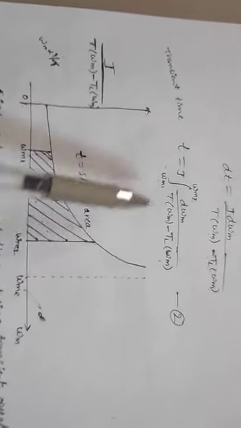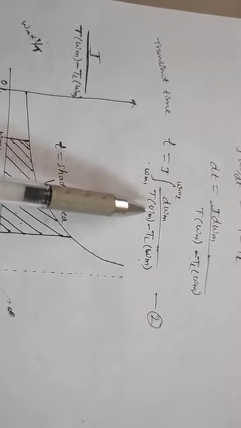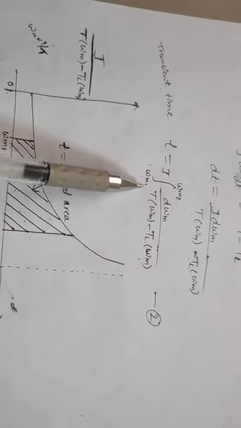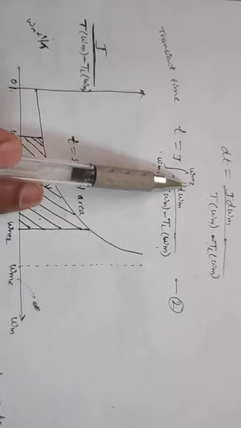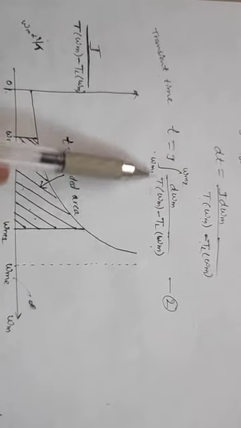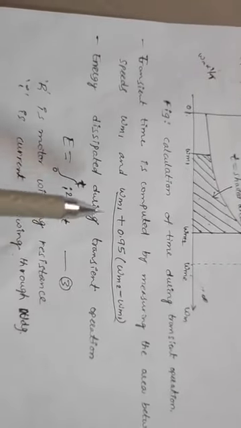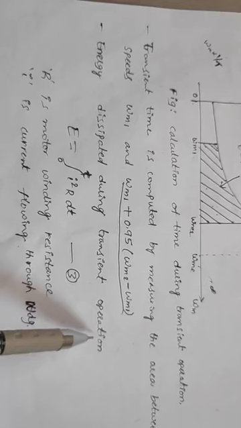Generally we use this equation in the problem statement. They give the motor torque as a function of speed, load torque as a function of speed, starting speed, and equilibrium speed. To find the equilibrium speed, they give some conditions, so from the given data we can find the transient time. Once you find the transient time, you can find the energy dissipated during the transient operation.